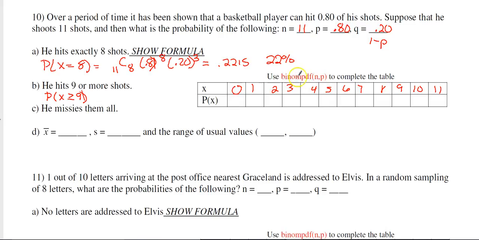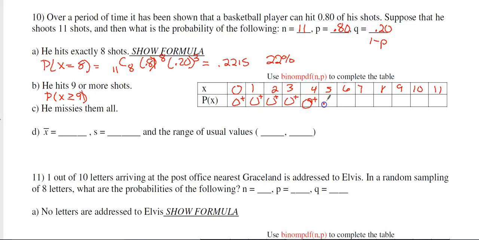Put it into the calculator. Remember, you go to second bars and you find your binom PDF, you plug in your n, which is 11, your p, which is 0.8, and you should find that 1 through 4 are pretty much zeros, which are the 0 pluses.